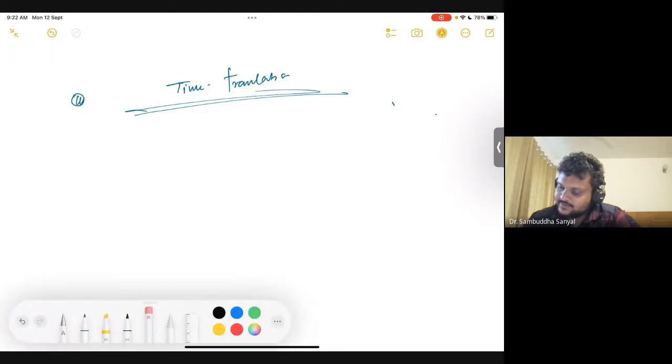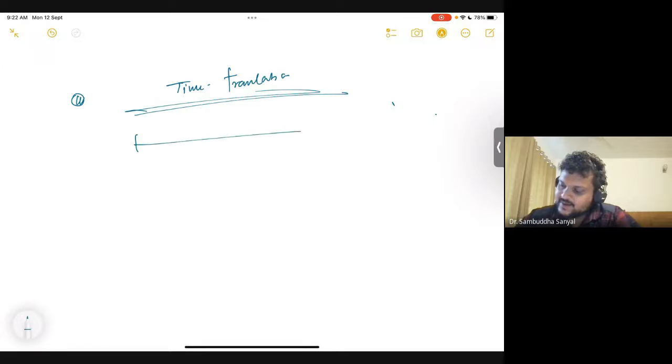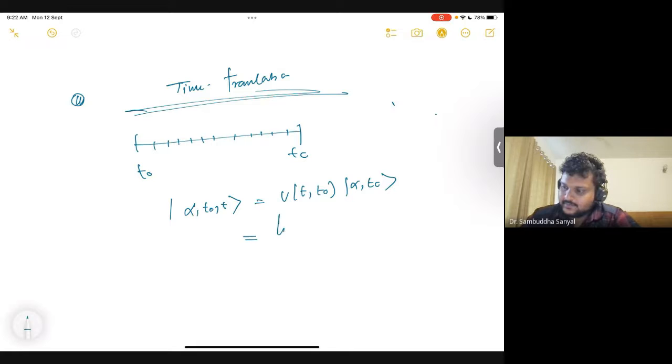So I want to use this fact that I can go from a point t0 to t in small elements. This thing is more clearly written as this.